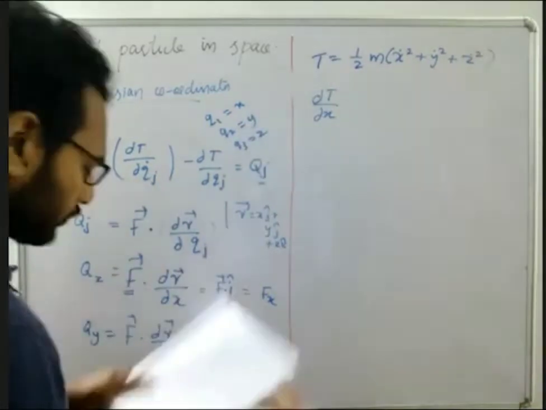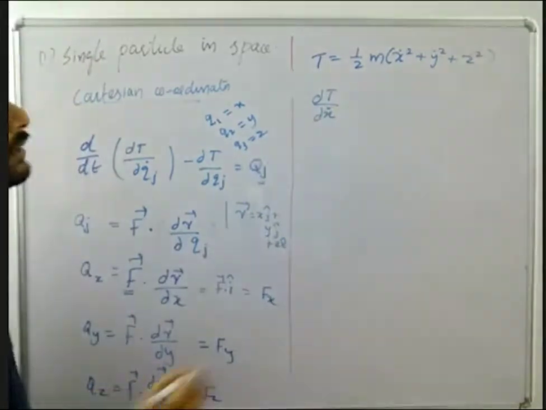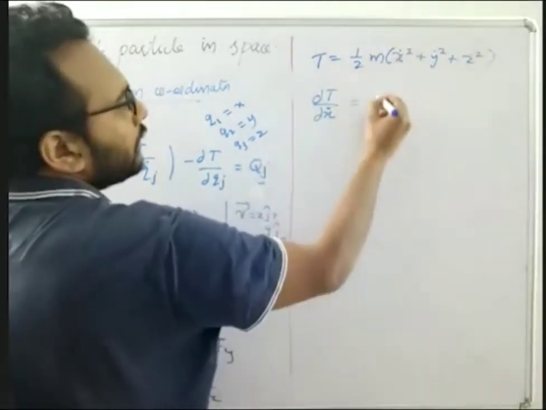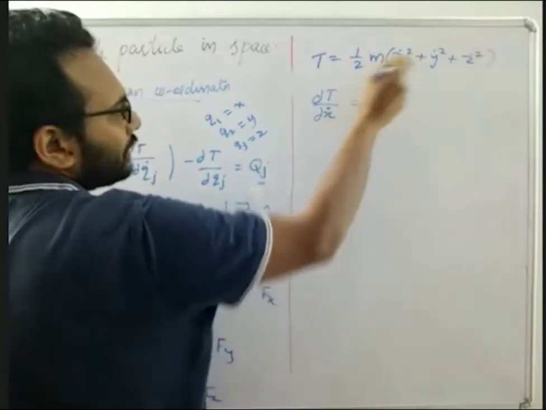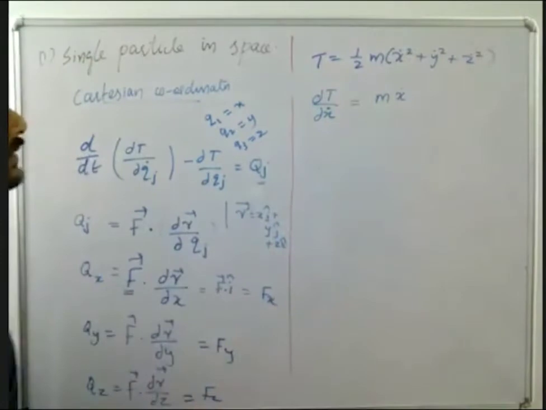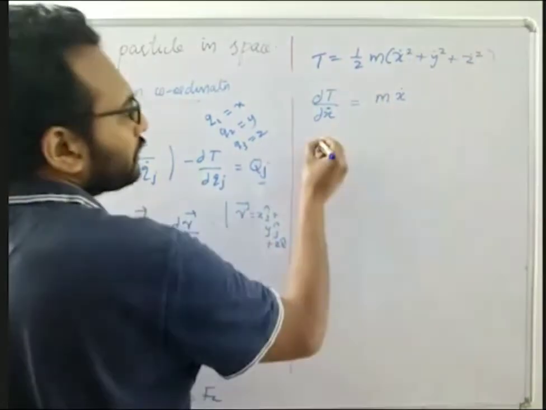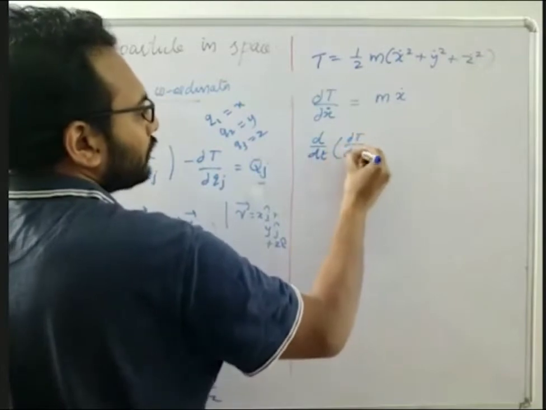All right. So dou T by dou x dot is equal to just m x dot. Just take the derivative, and this 2 will get cancelled, so it's m x dot. And we need d by dt of dou T by dou x dot.